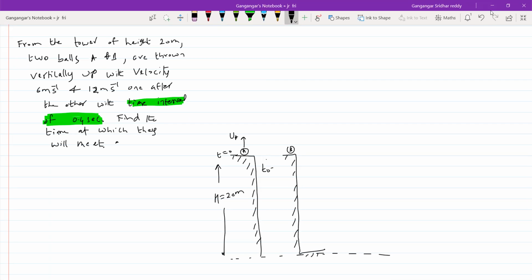I'll write it here. It is projected with a velocity UB. Okay, now when B is about to be projected, what is the state of A, where A will be? A will be somewhere here, no? I think your problem is solved if you can think this much. And it will have some velocity, say VA1.